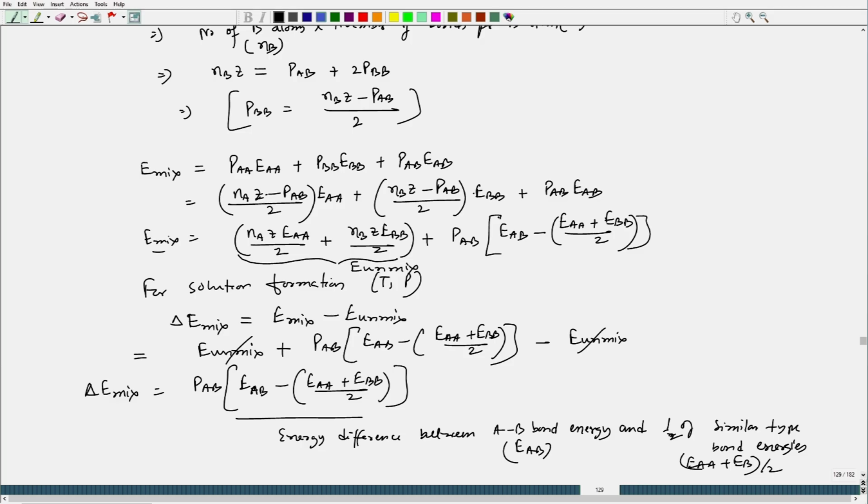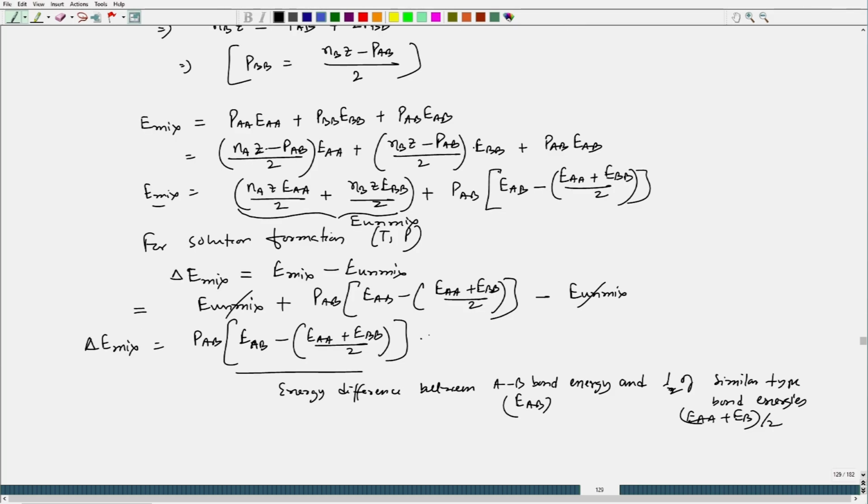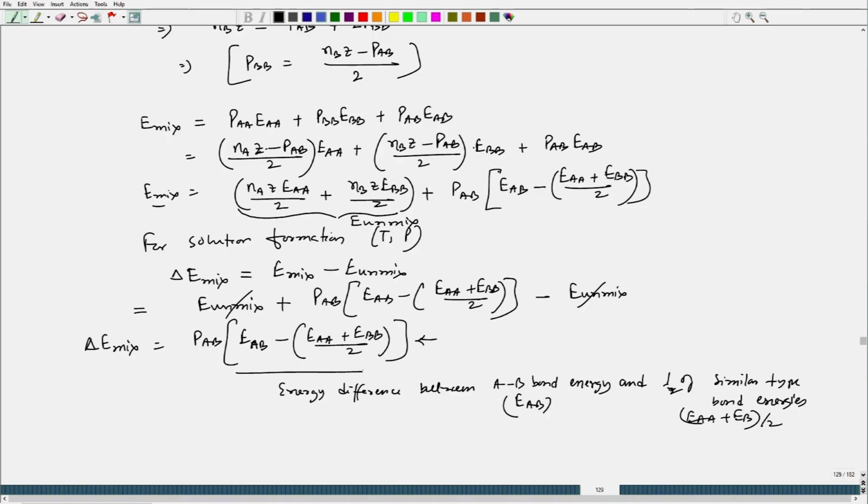Okay. So, now let us stop our discussion. We have found this expression. In the next class we will try to explain this particular expression, and in fact this energy difference term will be explained with reference to solution formation, and we can qualitatively discuss whether we can get a terminal solid solution or compound or cluster or, let us say, phase separation.